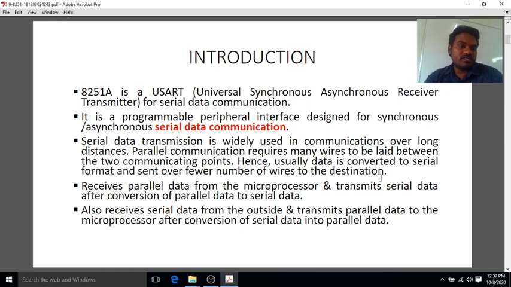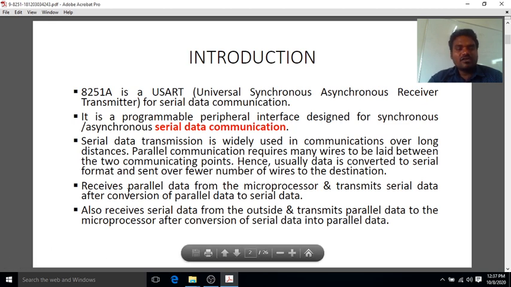As I told just now, parallel data transmission requires more hardware. To avoid that, we convert the data into serial format so that it can be easily transmitted from the source to the destination with fewer wires and smaller hardware.